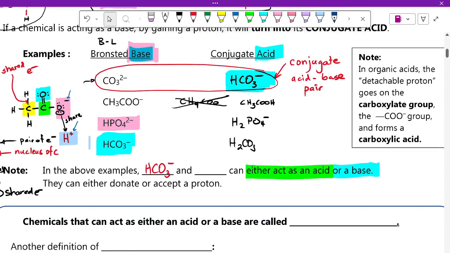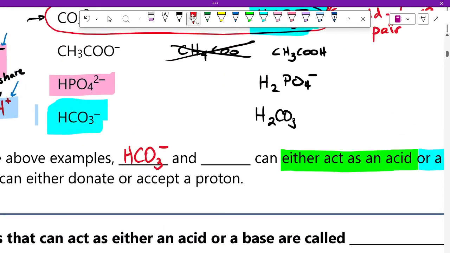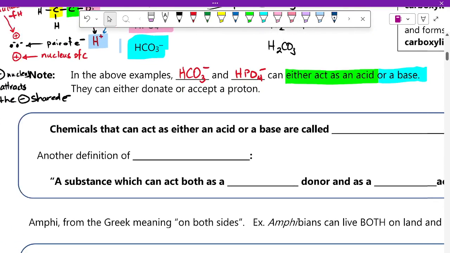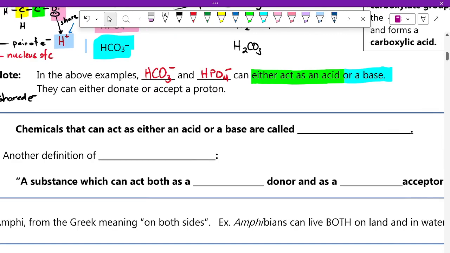Okay, so we're going to write that one down as well. Very nice. Anything that has a minus and has an H. It has to have a minus so it can accept a proton, and it needs to have an H so it can donate a proton.